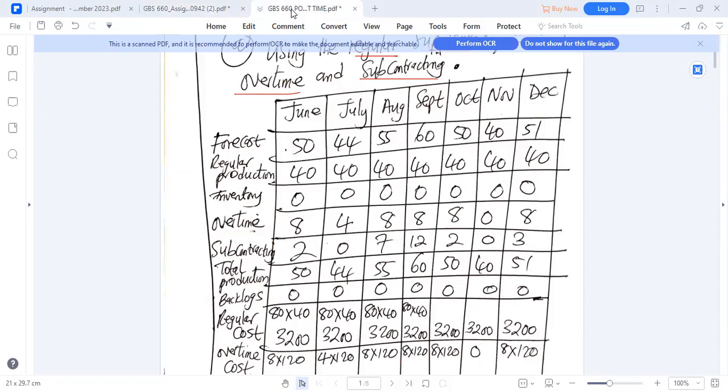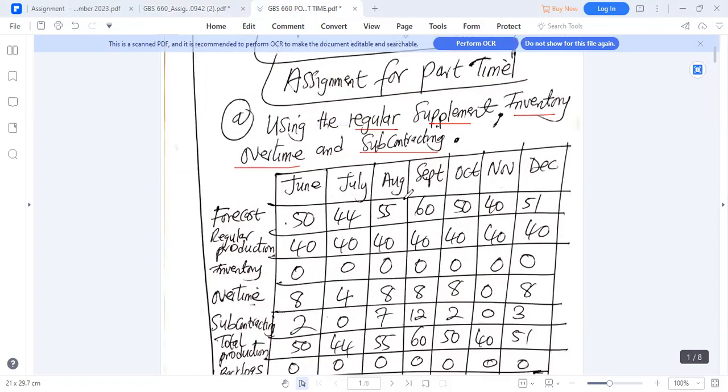So as we get to this one, we need to check here. We say, oh, I have 40 there, 44, 55, 60, 50, 40, and 51. On a regular basis, we are producing these units, 40 units. For the beginning inventory, they have told us that it's 0 beginning stock.